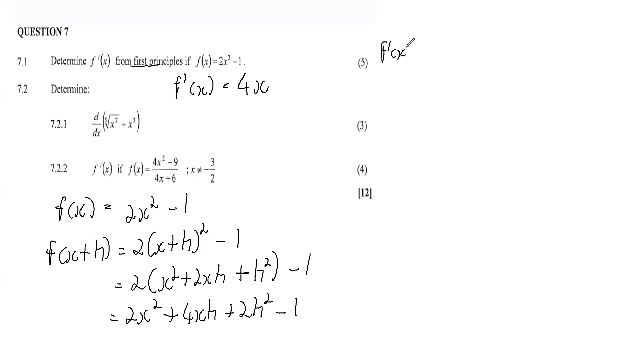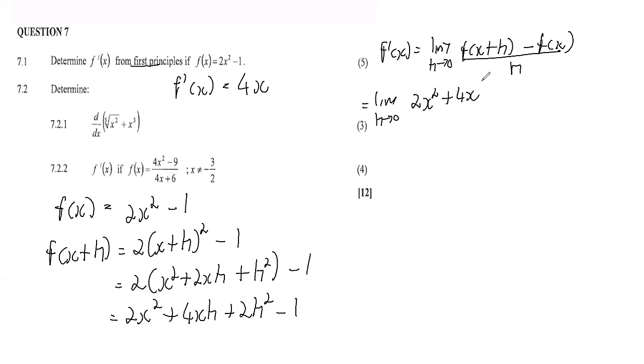Okay, now you take this whole expression. Your f prime x is equal to the limit as h approaches 0 of f of x plus h minus f of x, over h. You take this whole expression for f of x plus h, which is 2x squared plus 4xh plus 2h squared minus 1, then minus the f of x, which is 2x squared minus 1, over h.